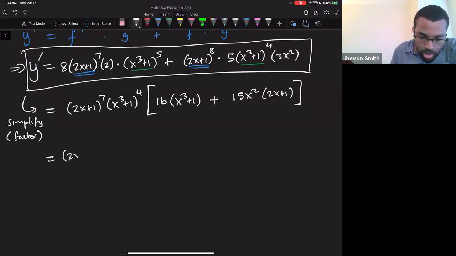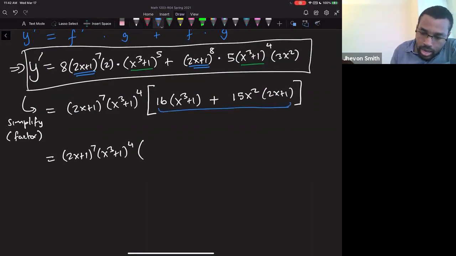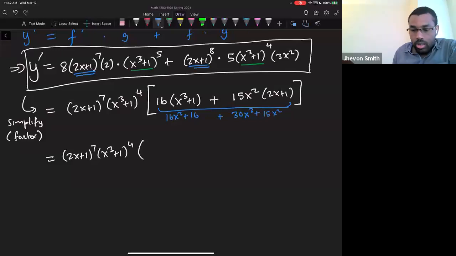Yeah, so we would clean this up a little bit. So here, notice what I have. I have 16x cubed plus 16. Here I have 30x cubed plus 15x squared, right? So now I can combine those. So I would have what?